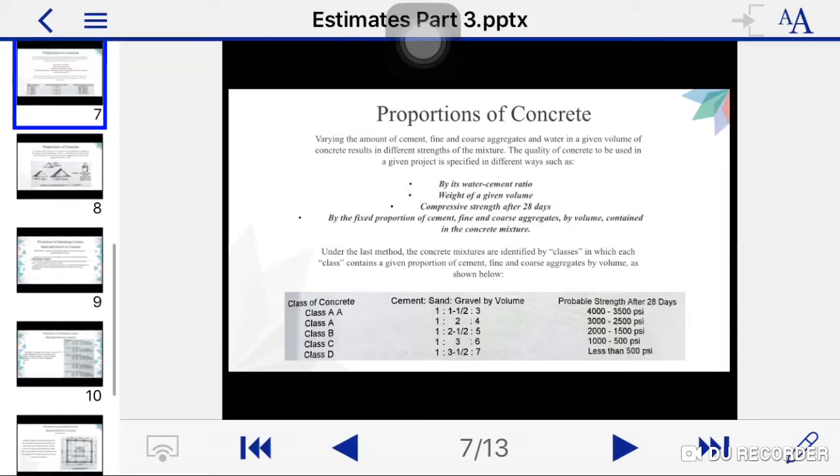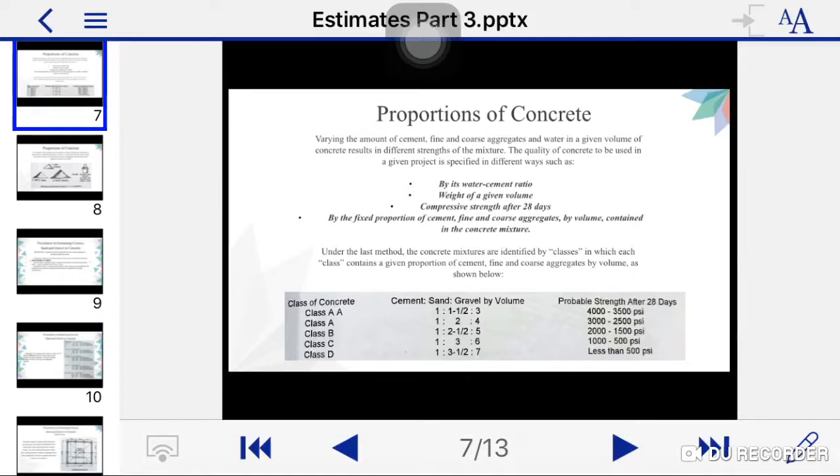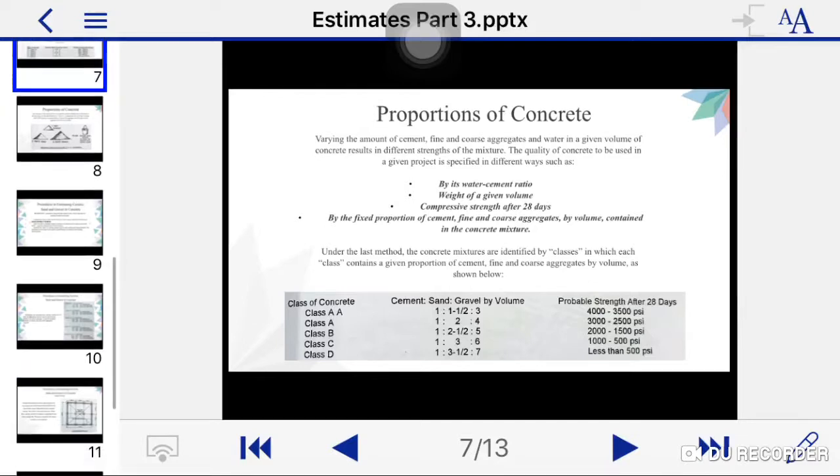Then next, for the class A, this is the most commonly and widely used in construction projects for residential structures. It is 1:2:4, which is 3,000 psi or equivalent to 20.6 megapascal.